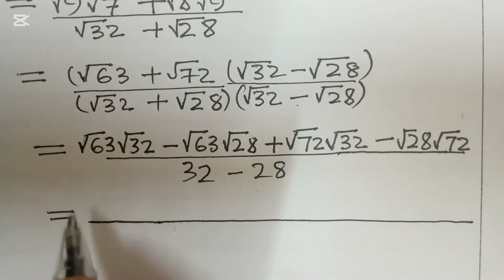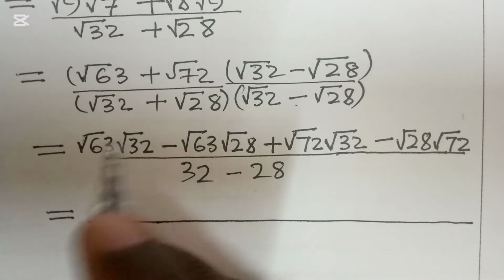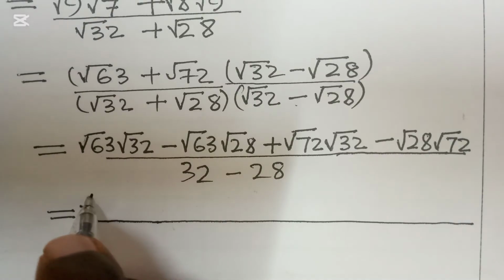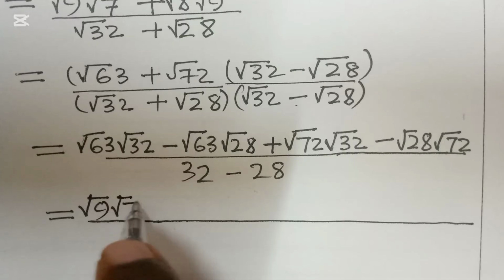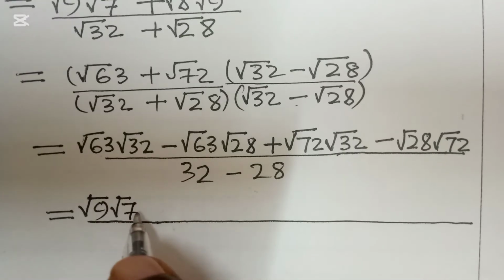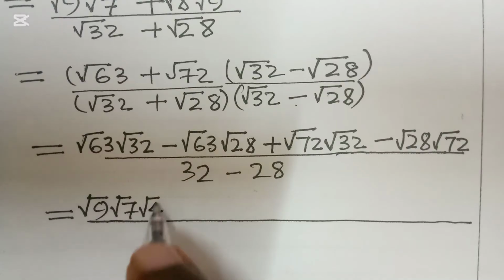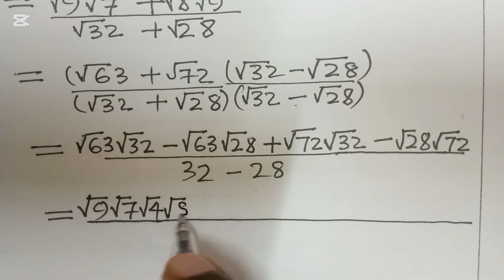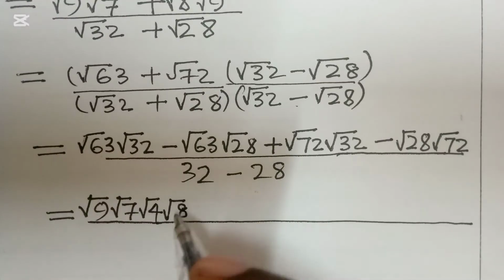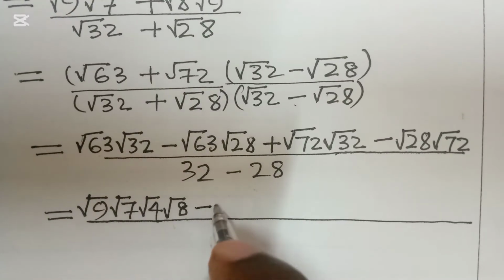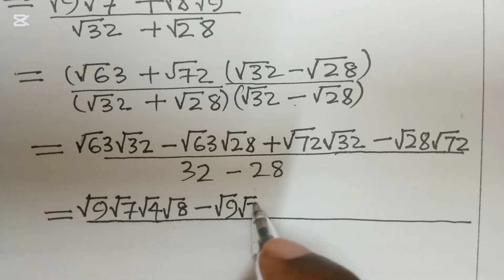We can separate them by writing square root of 63 as square root of 9, square root of 7. Then we have square root of 4, square root of 8, because 4 times 8 is 32 and 9 times 7 is 63. Minus, we separate again, square root of 9, square root of 7.